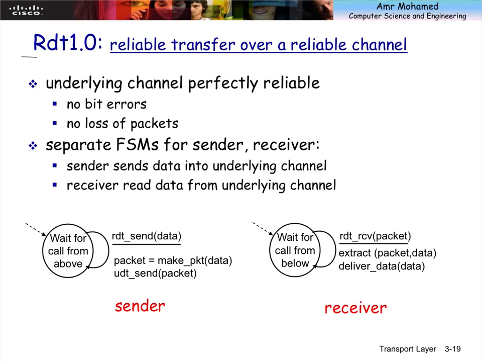So we will start with reliable data transfer 1.0. What is the assumption here? The assumption is simply that the underlying channel is perfectly reliable. We don't have to do anything. If the underlying channel is perfectly reliable, all we need to do is just make packet, send.